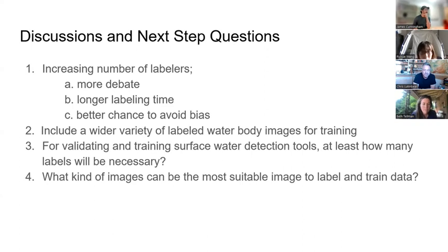And even though we already have 90 samples for this dataset, we probably still need to include a wider variety of labeled water body images for training in the future. This is probably one thing that is not really good about the random selection, because sometimes it selects really similar water bodies, and sometimes it selects chips that have maybe 80% water cover, or even more than 80%.